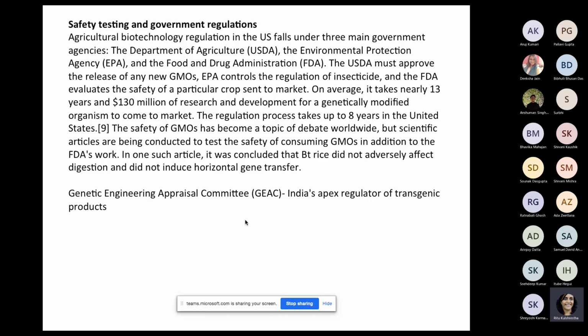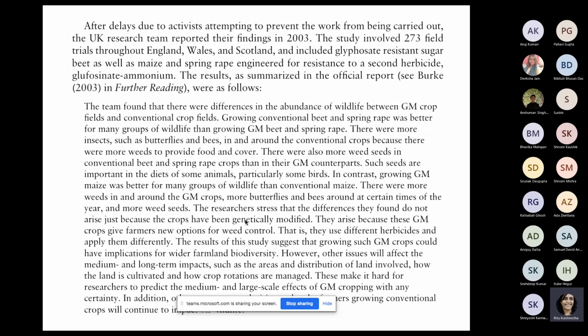Now, this example I've brought directly from the T.A. Brown book. It is a good example. It was done after a lot of studies of these various transgenic crops that had been developed. This study was done in Europe, I mean England, Wales, and Scotland, for these transgenic crops, in which the crops were grown in one field as opposed to another field where non-GM crops were grown.